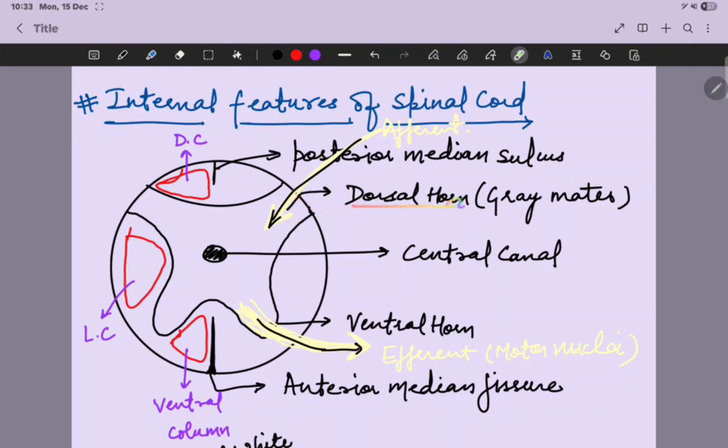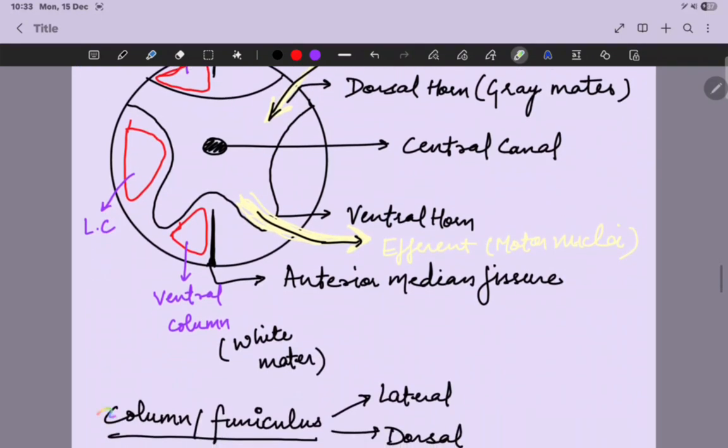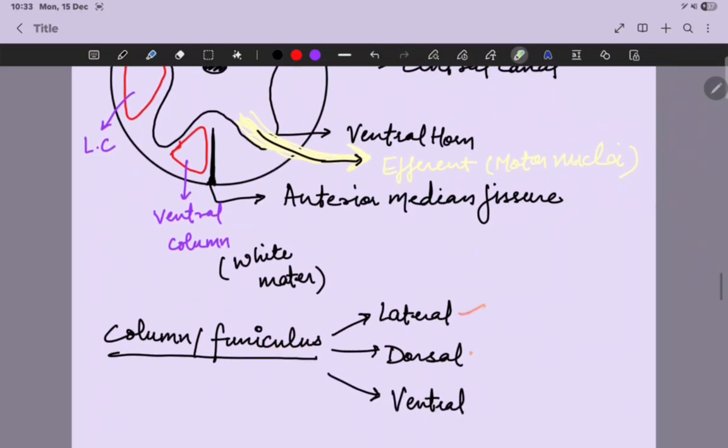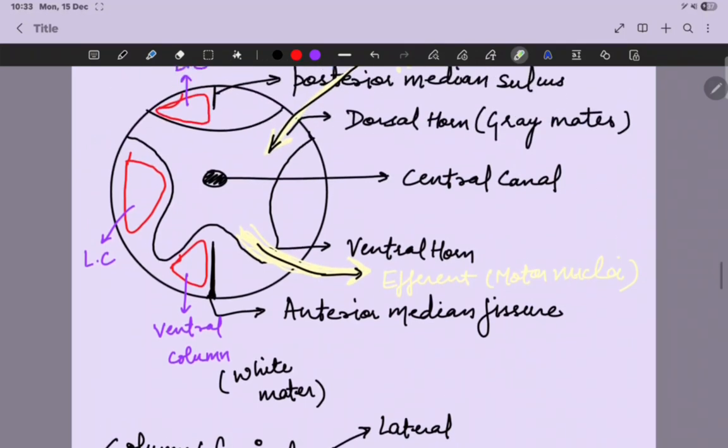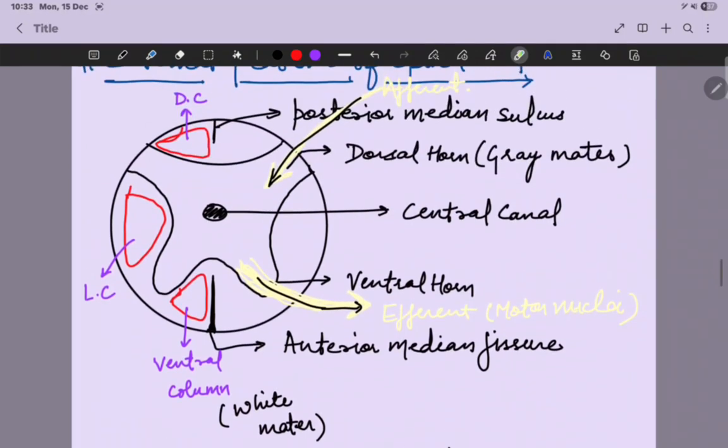This is the dorsal horn, the ventral horn on the lower area, and these horns are basically present with the gray matter. And the columns or funiculi, we have three: lateral, dorsal, and ventral. These are filled by the white matter, present in a column-like structure.